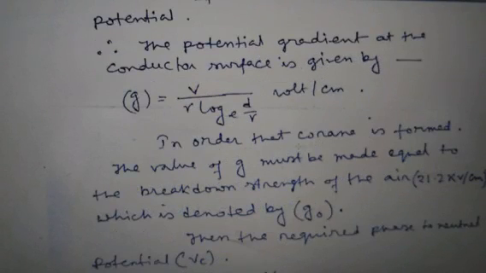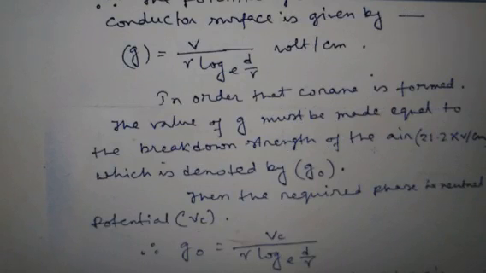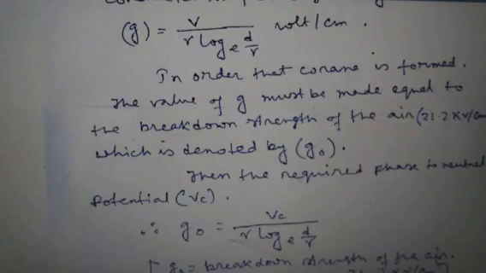In order that the corona is developed, the value of g must be made equal to the breakdown strength of the air. We know the breakdown strength of air is 21.2 kV per centimeter, and this is denoted by g0.